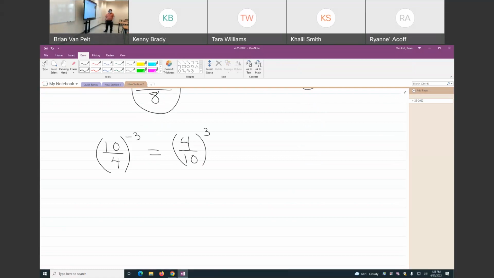Now, do you want me to simplify first, or do it both ways so that you can see that it is actually what I say? Simplify first. So what goes into both of these numbers? 2. So I'll be looking at 2 over 5, right? So in 2/5, I'm going to rewrite it to the third power.